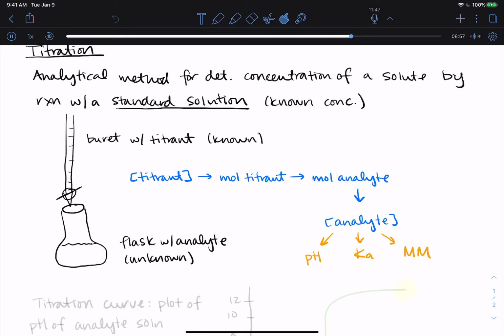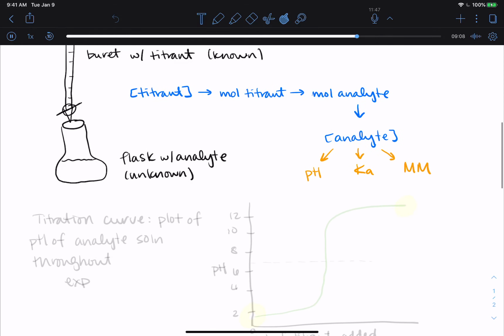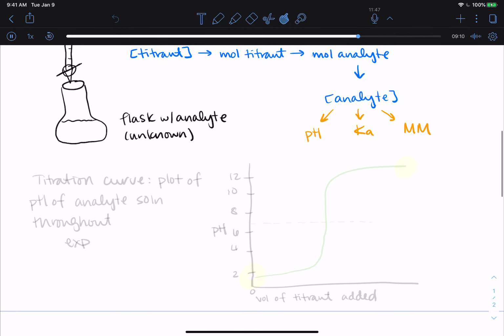Now, what we most often do is calculate the pH at regular intervals in class, or in lab you measure it at regular intervals, and then create this plot that's called a titration curve. So I'm just going to give you a quick example here, and then we're going to look at specific shapes of titration curves in the next video when we talk about different types of titrations.